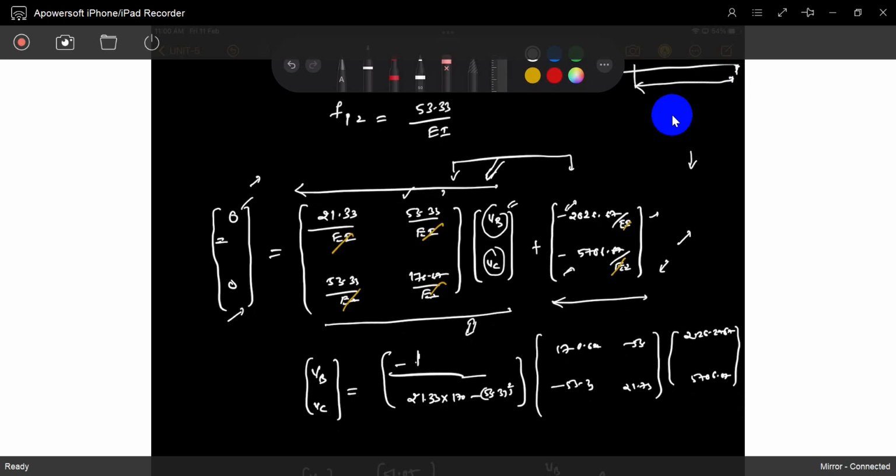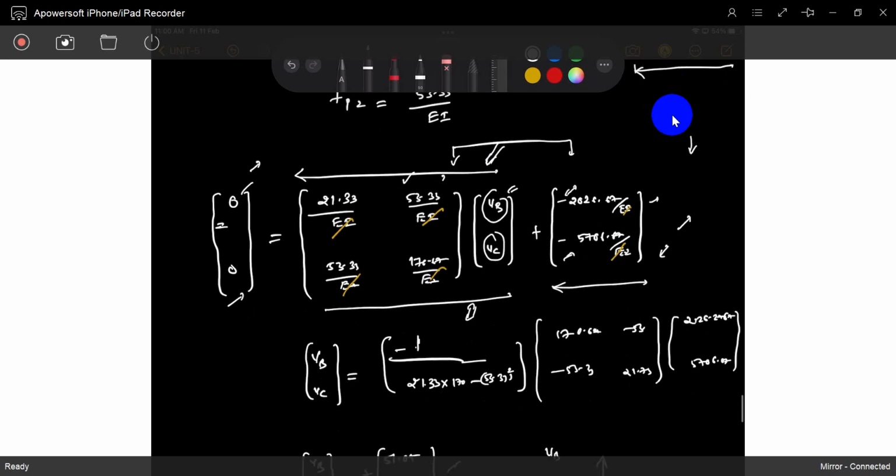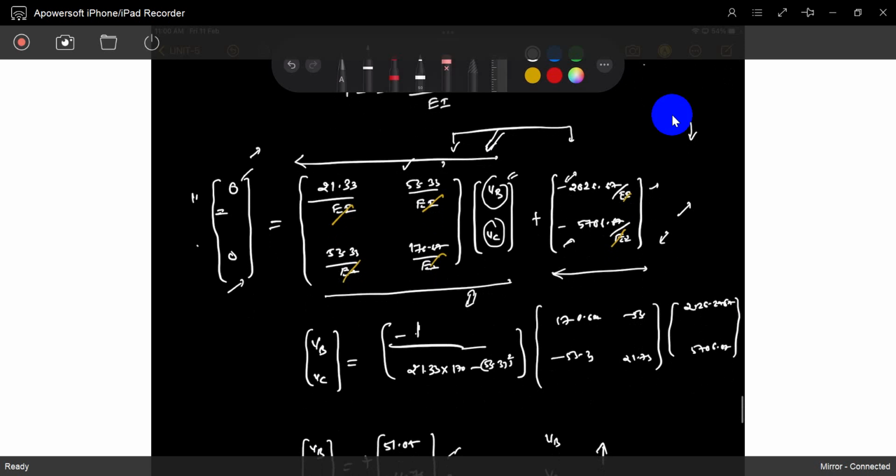So the final settlements are downward only, these two are 10 and 5. Are understood? These two are 10 and 5.